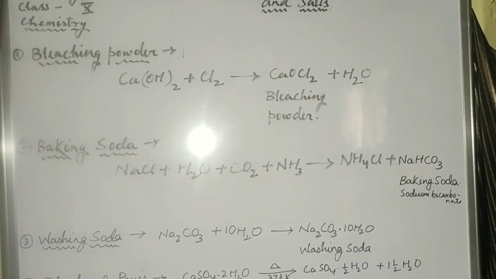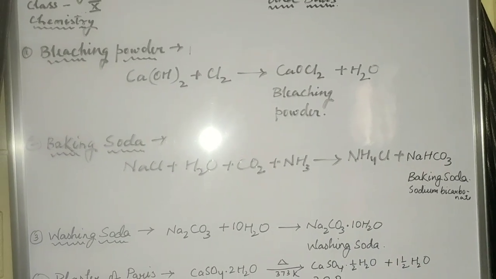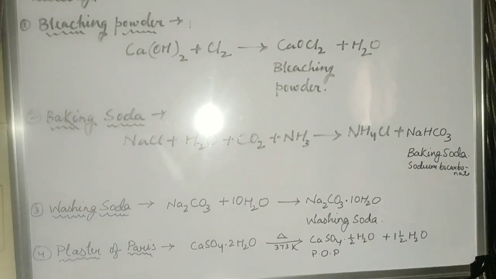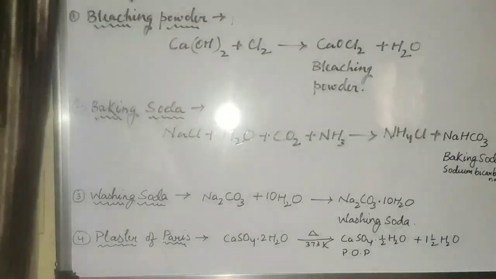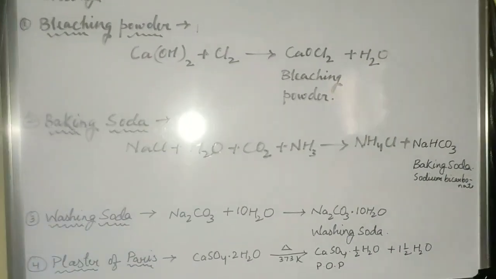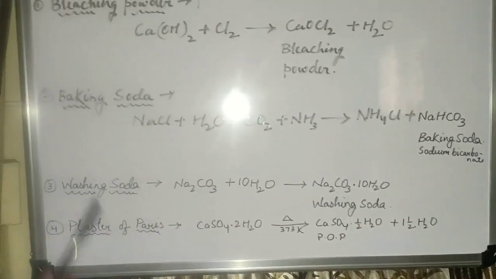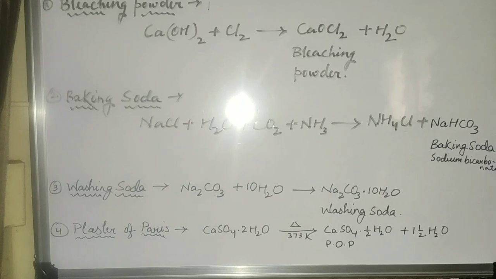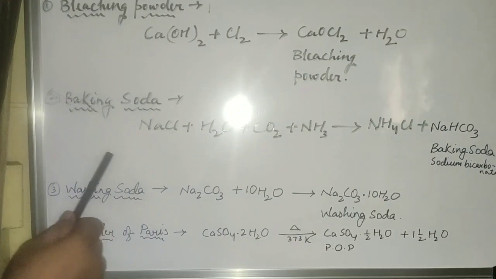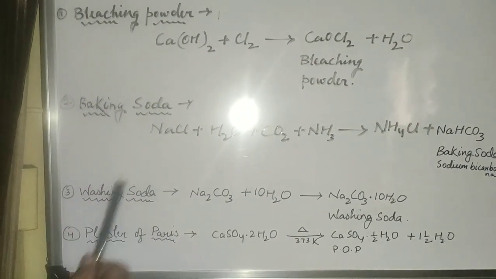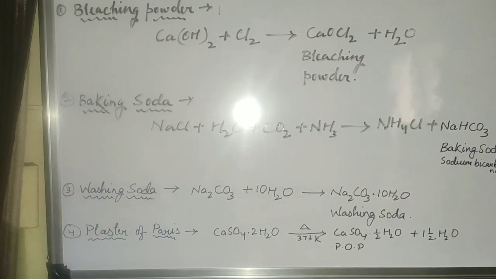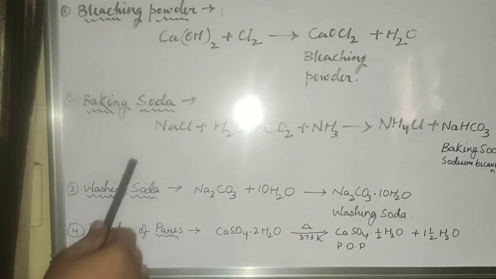NaHCO3 is baking soda whose chemical name is sodium bicarbonate. Now, what are the uses of this baking soda? There are many uses of baking soda. It is used for making the breads fluffy, for making the pakoras crispy and so on.